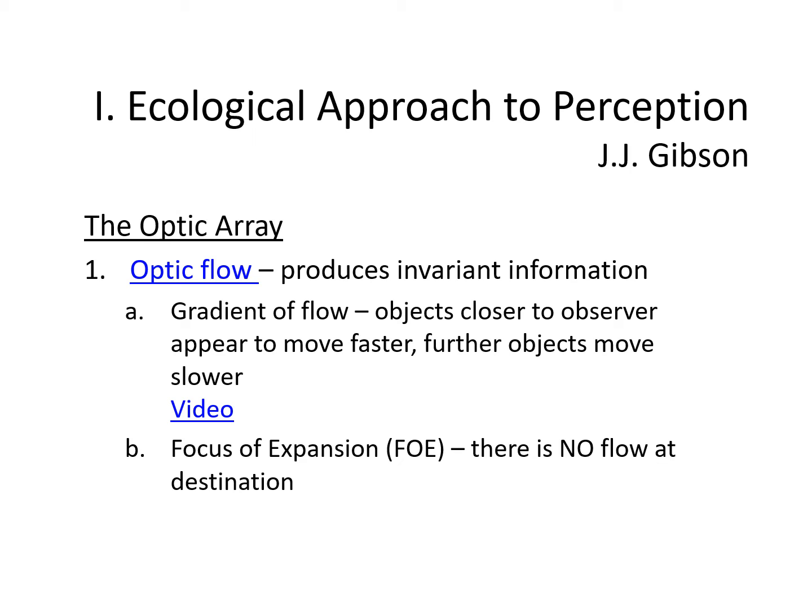Another piece of optic flow information is the focus of expansion, that at our destination point, there is no flow. So these 2 videos are both kind of fun to watch, I think.